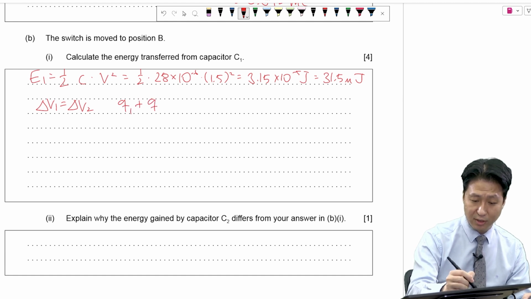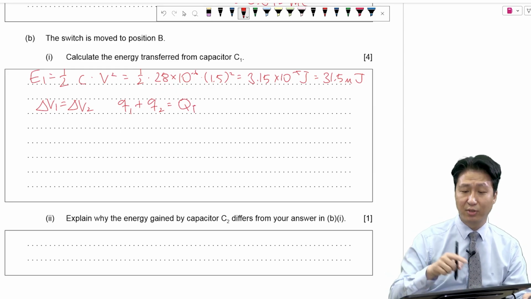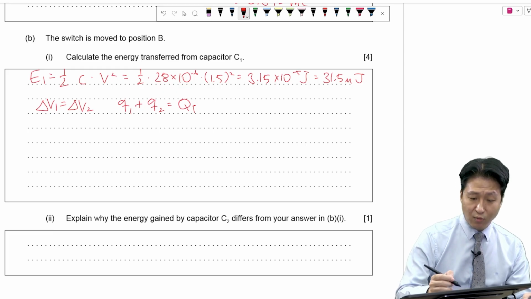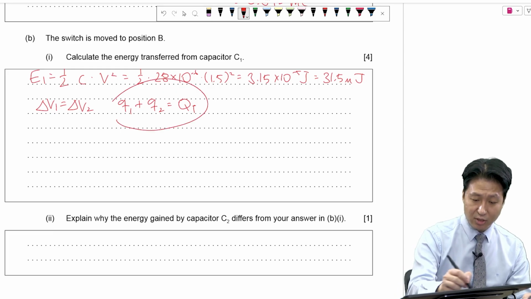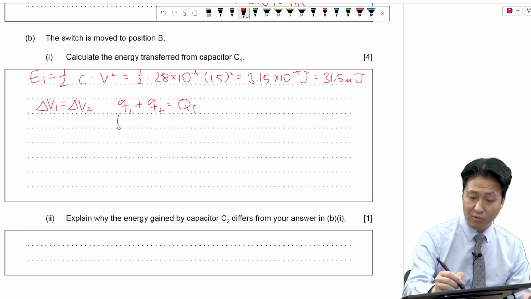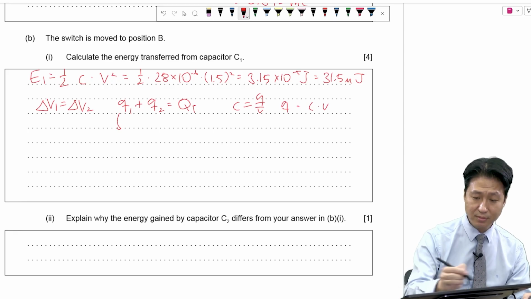So Q1 plus Q2 will equal the total charge at the beginning, which was from the previous problem, 4.2 times 10 to the negative 5 coulombs. We want to change this into units with voltage. So we know the capacitance is the charge per voltage, so the charge is equal to the capacitance times voltage.